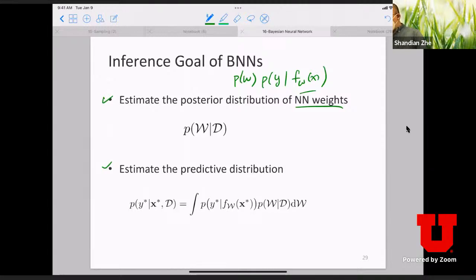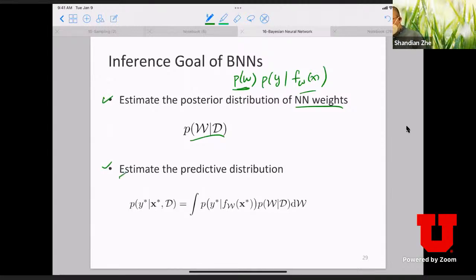Given a bunch of training data, it is valid to ask what is the posterior distribution of the weights, right? And especially if you assign a sparse prior over W, when you calculate the posterior distribution, you're asking which weights can be pruned, right? So that we can reduce the network, we can compress the network, right?